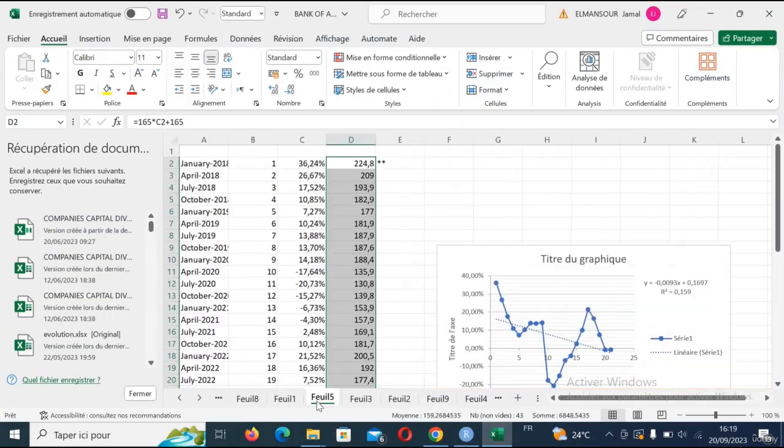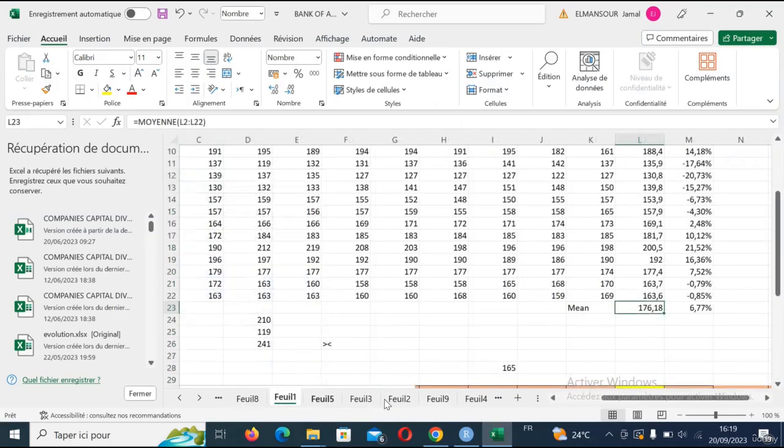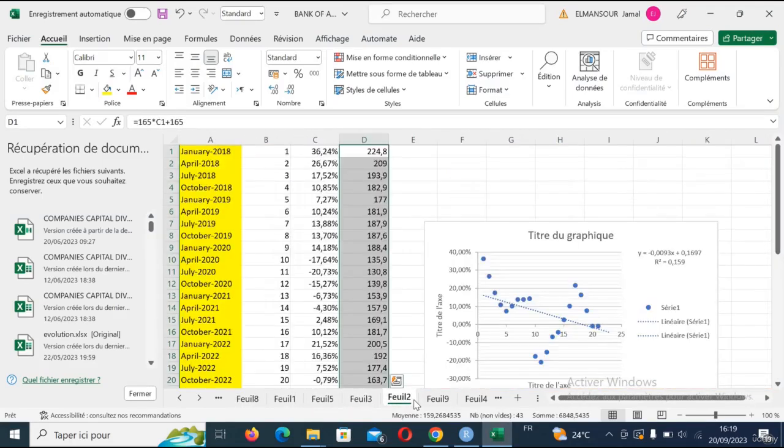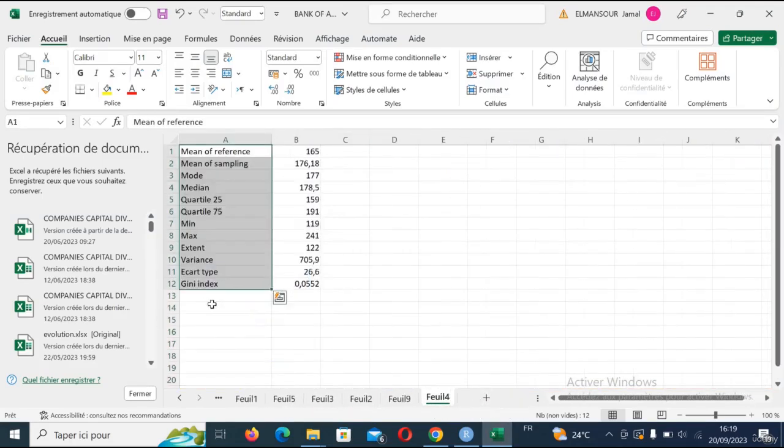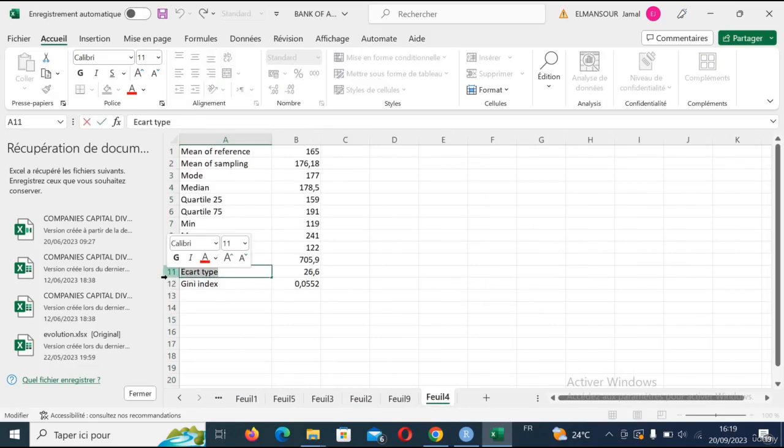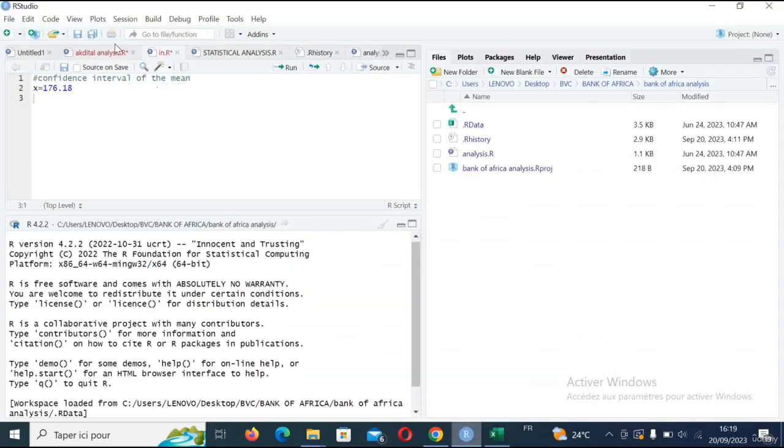We already calculated it here. Sorry, I read it in French. Standard deviation, okay. It's 26.6. We're going to enter it here and call it SD.